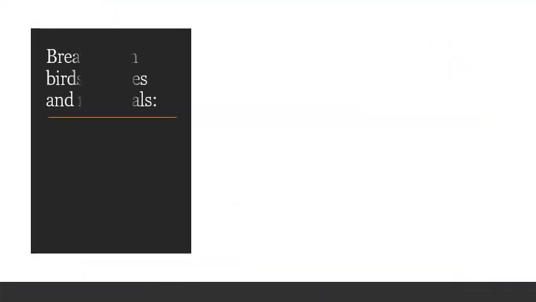So my dear students, as I told you, breathing is one of the most important functions or processes of all animals. Here we are going to take the example of breathing in birds, reptiles and mammals. Birds, reptiles and mammals are groups of animals.